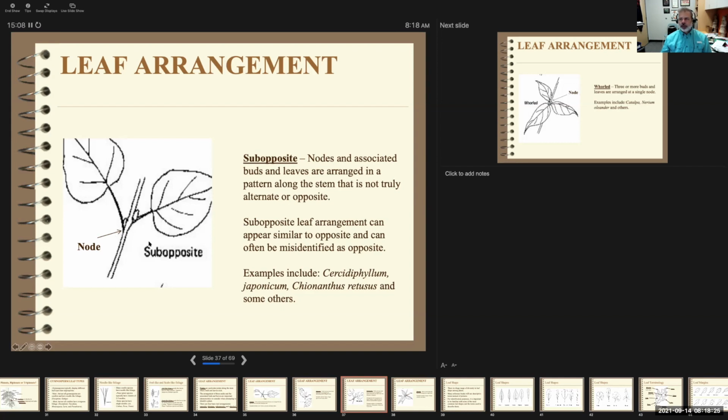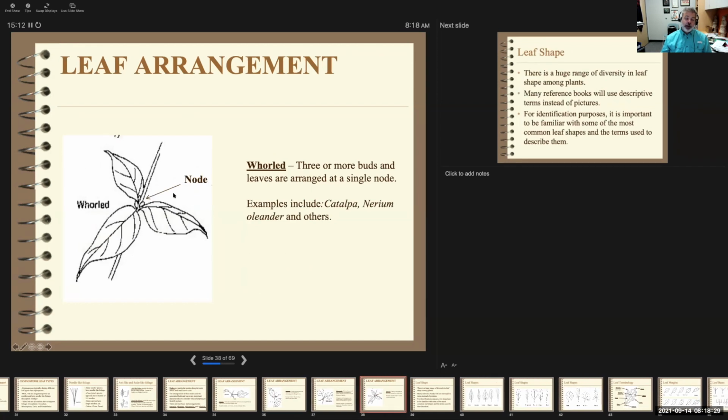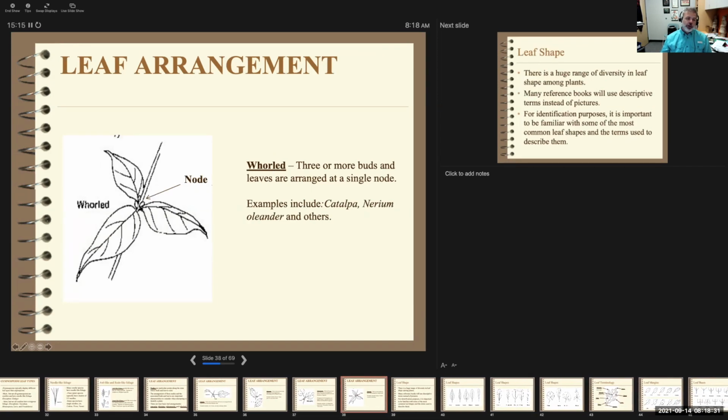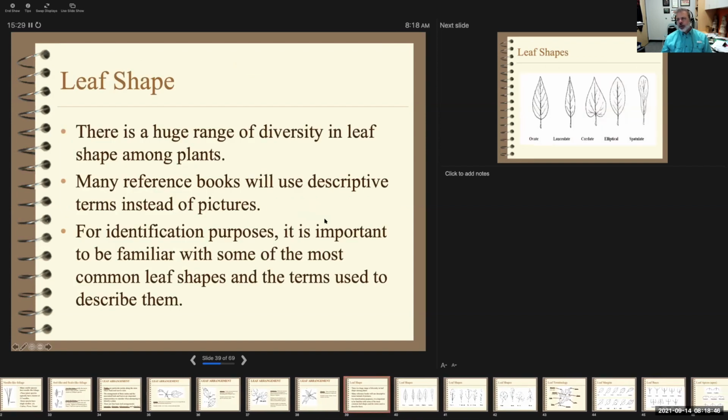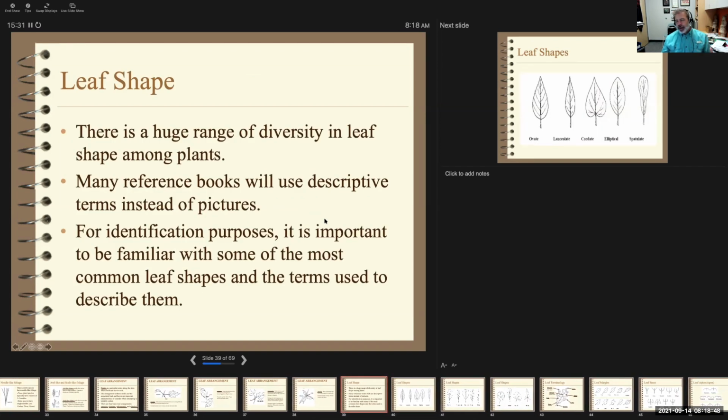So typically you'll see things classified as alternate more often than subopposite. You may see some that are whorled, where there are three or more buds and leaves arranged at a single node, or at one place on the stem, and that is something that you will run into. And so leaf type and leaf arrangement are both very important pieces of terminology that you need to know.